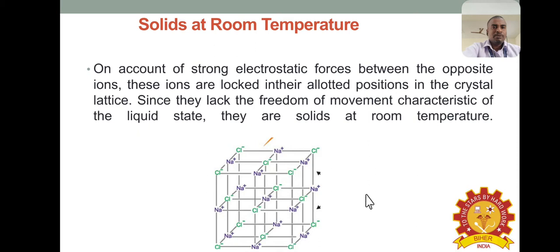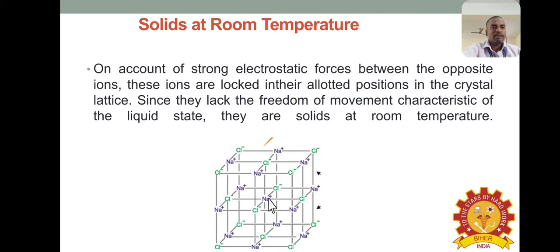Okay, now let's go to the characteristics of ionic compounds, properties of ionic compounds. Ionic compounds at room temperature are held together by a very strong electrostatic force. Here, let's take sodium chloride, a table salt. Each chloride ion is immobilized by 6 sodium ions.